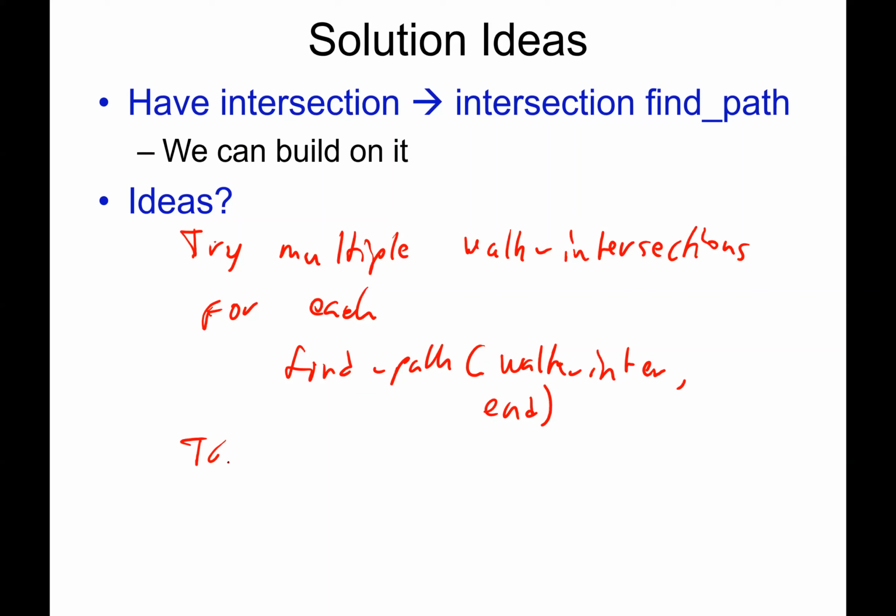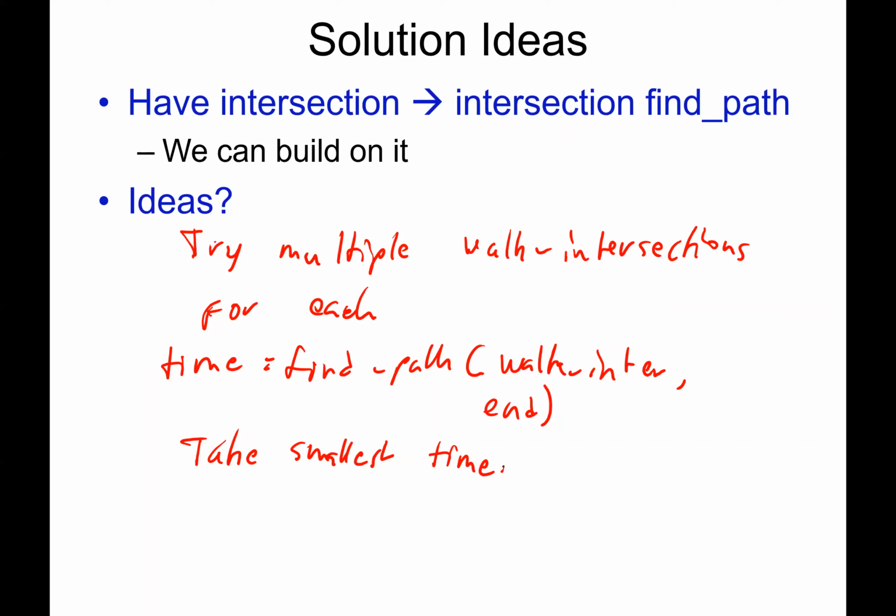And then take the smallest. So we can do something like the time is equal to that, and then take the smallest time. So yeah, we could invoke our driving path function multiple times from various ideas of walk intersections that we could walk to.